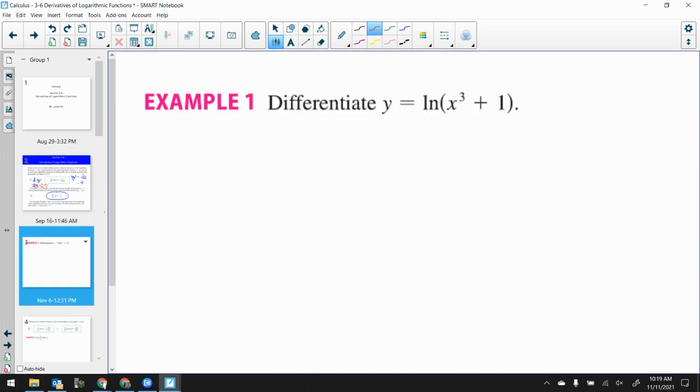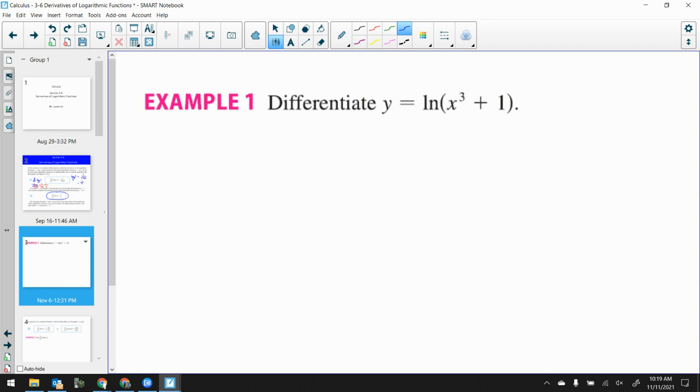So let's work with it a little bit. Let's differentiate ln of x to the third plus 1. So this is telling me that I have to do a chain rule, right? Why do I know that I have to do a chain rule?